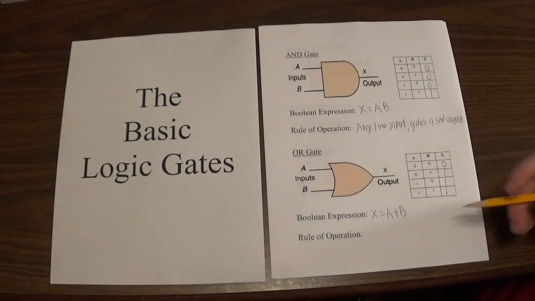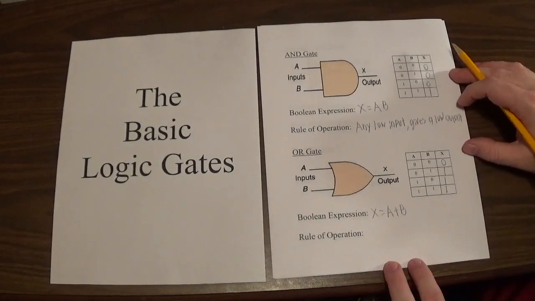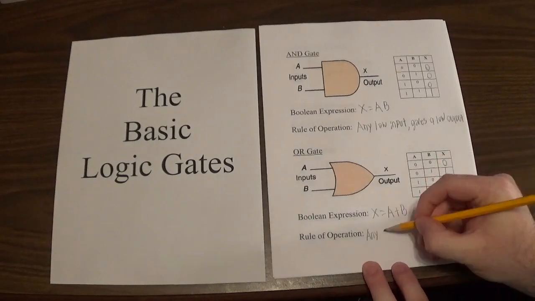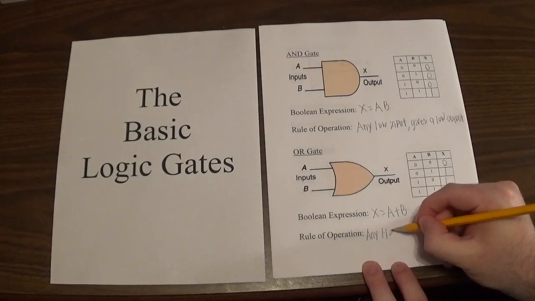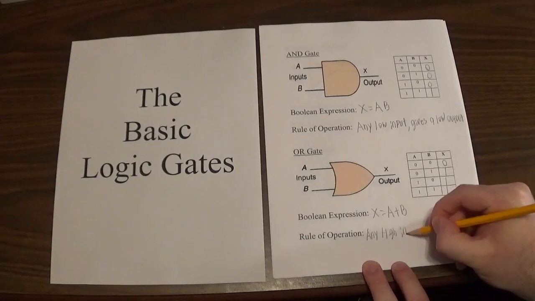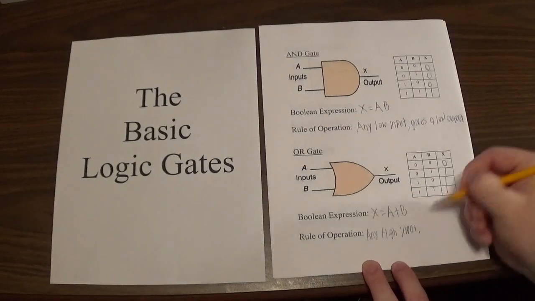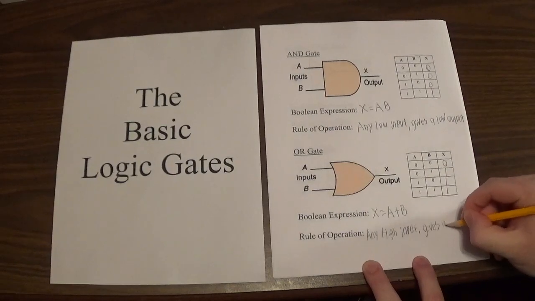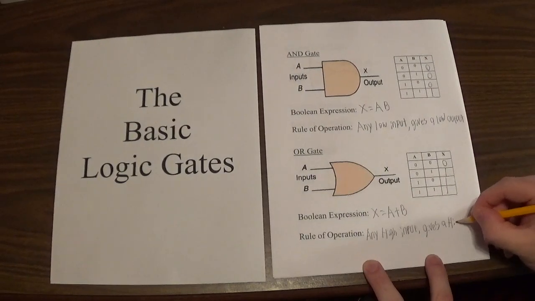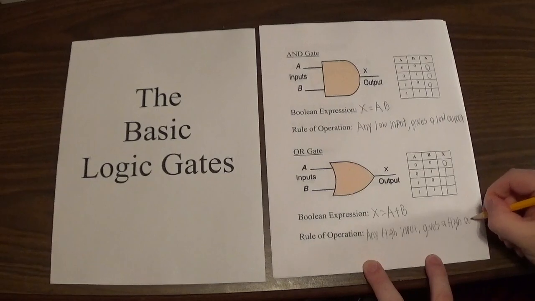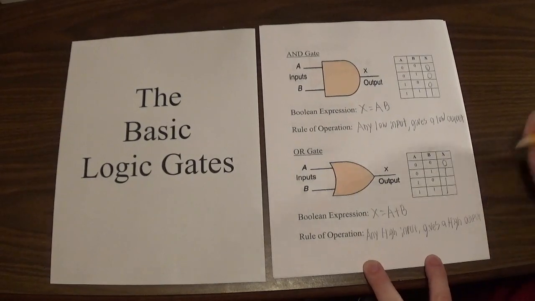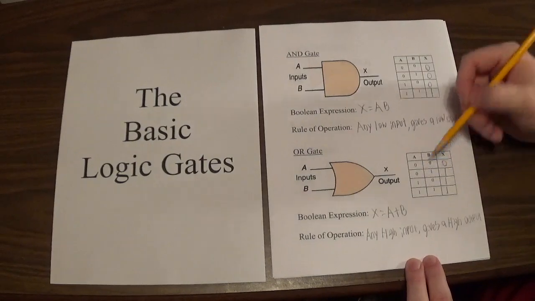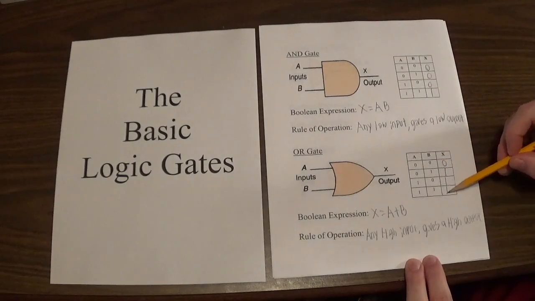Alright, so the operation for this one is any high input gives you a high output. So anywhere there's a 1 in this input section, I'm going to get a 1 on my output.